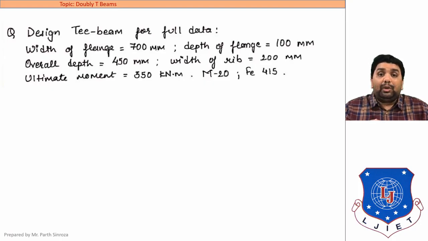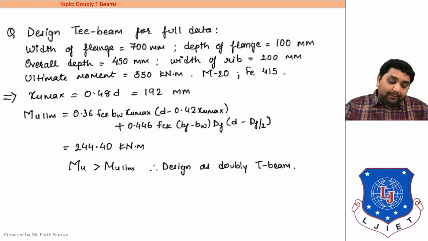But these two equations can only be used if a rectangular cross section is given in the question. Here the section is a T, so we can't use either of these values. So there will be a new equation for it.